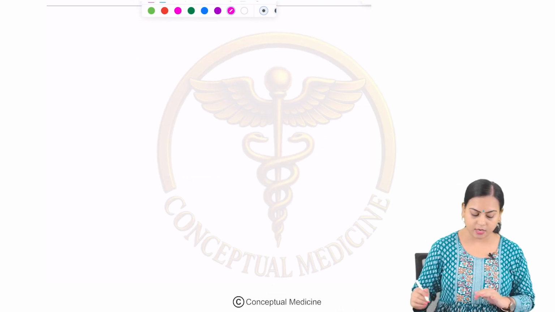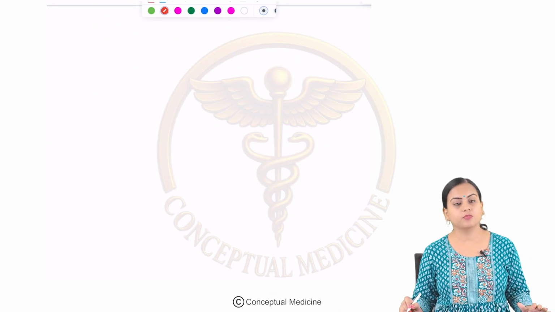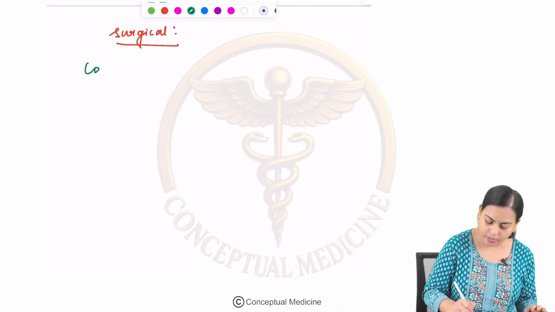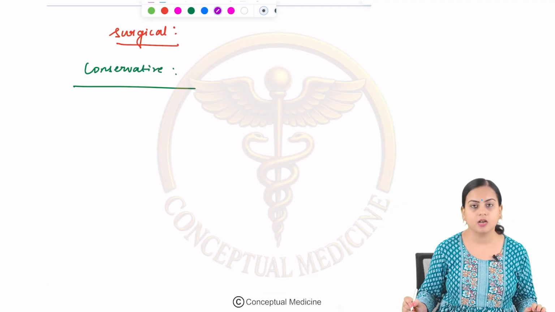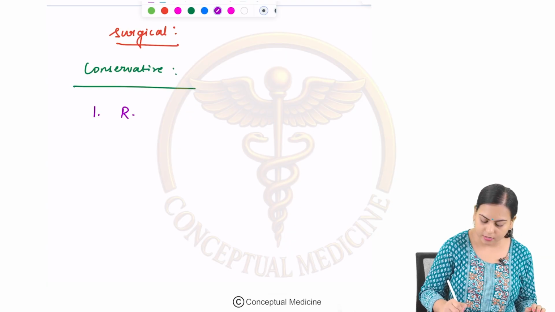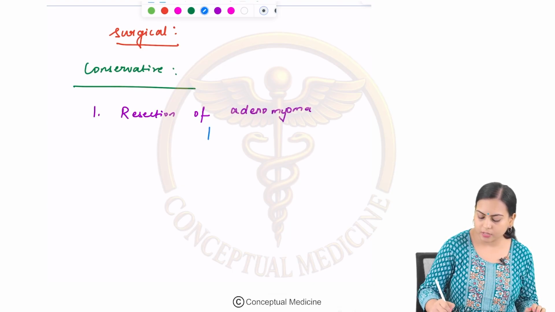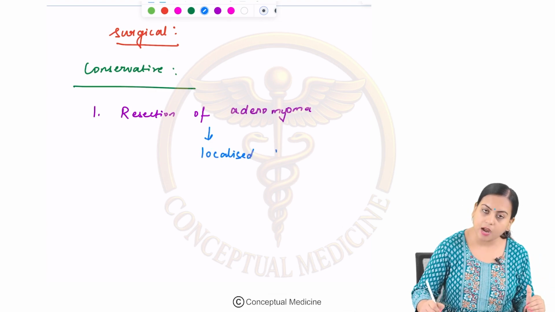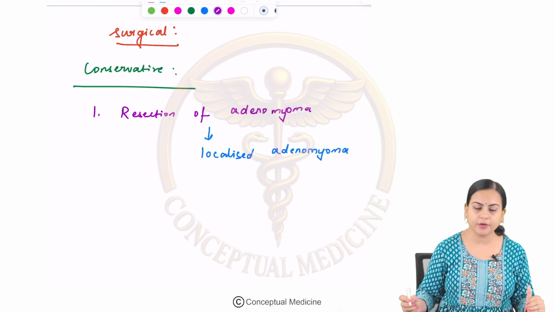Okay, right. Now let's see what are the surgical modes of management of adenomyosis. You can go for conservative management by using resection of adenomyoma. But remember, this is possible only in a case of localized adenomyosis or adenomyoma. Clear?